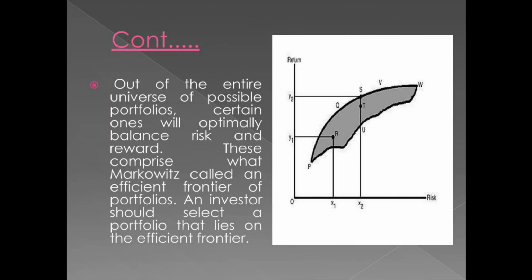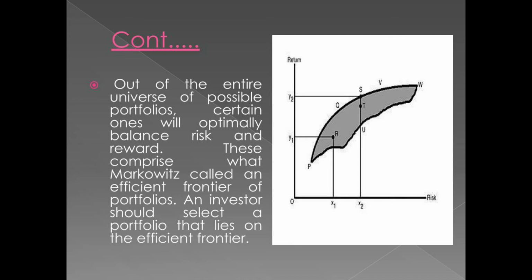The Markowitz model explains portfolio decision making with the help of efficient frontiers. Out of the entire universe of possible portfolios, certain ones will be optimally balanced between risk and reward. These comprise what Markowitz called the efficient frontier of portfolios. An investor should select a portfolio that lies on the efficient frontier.